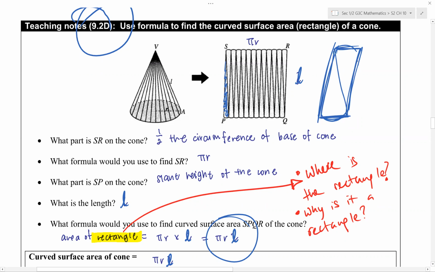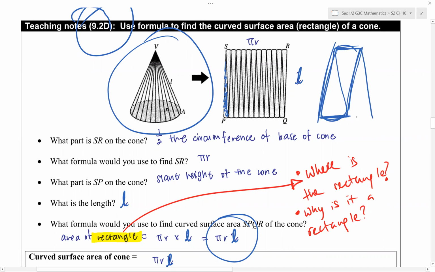Now, what I've just drawn is not an accurate representation of the situation over here where they cut into many, many strips. What I have done on the right-hand side is just two very fat strips, very wide. It is not a good representation.